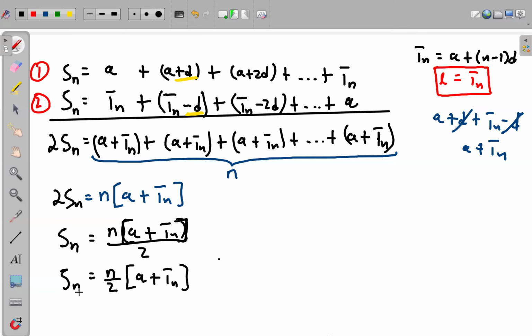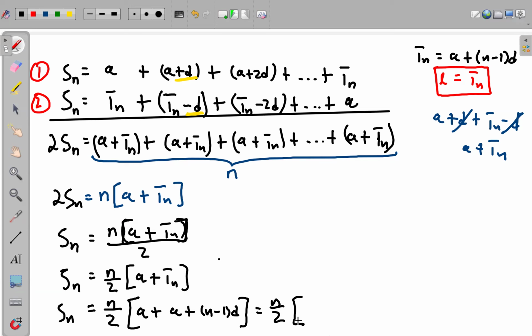So instead of keeping Tn, I will substitute and say, well, Tn is A plus N minus 1 times D, like that. And then if I simplify what is inside the brackets, that is adding like terms and so forth, A plus A is 2A, and then this will be N minus 1 times D.